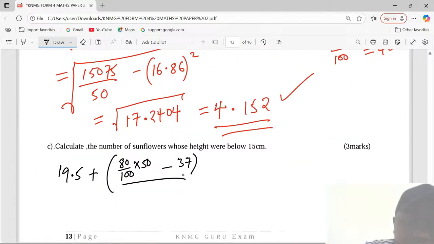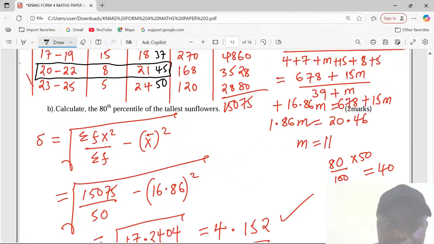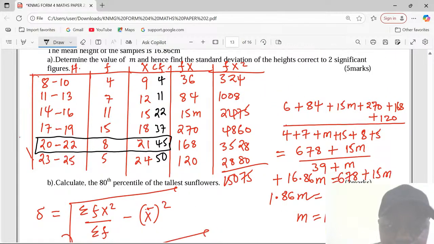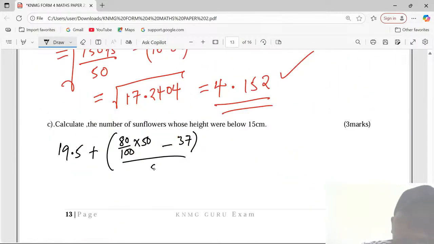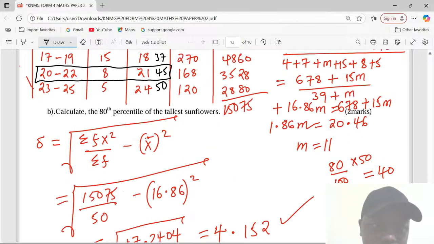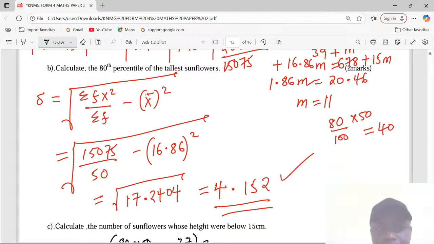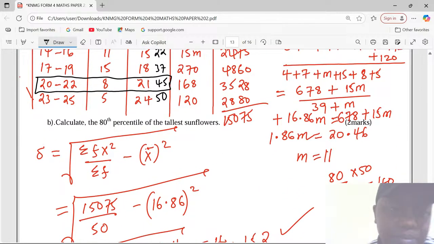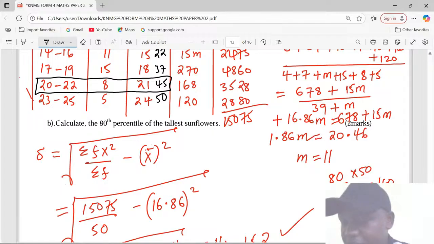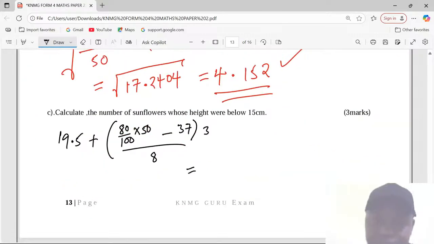Then divide by frequency of this particular class, which is 8, multiplied by the class width, which is 3. The class width is 3, from 19.5 to 22.5.